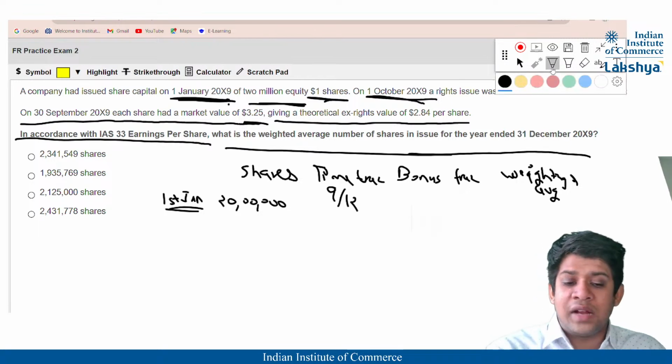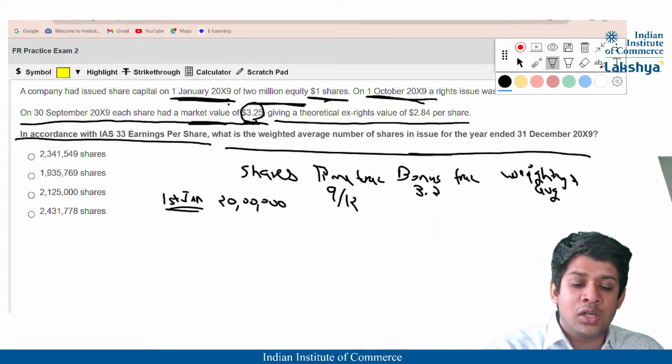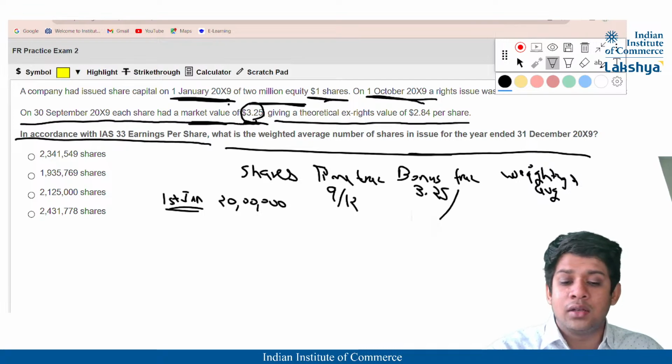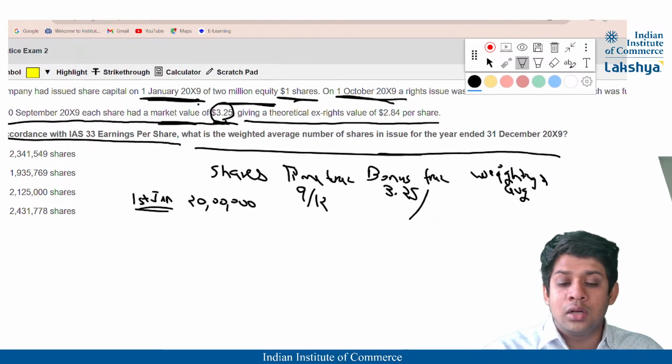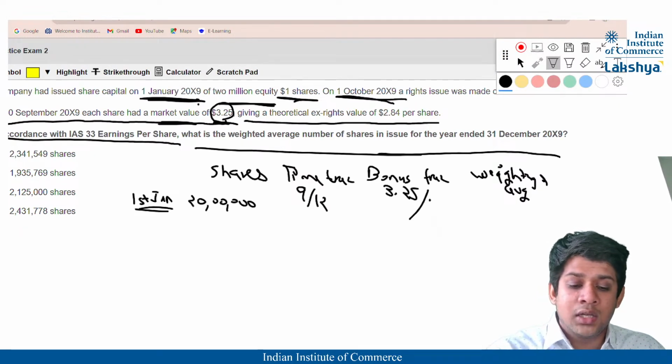Yes. So the bonus fraction, you can see here just before the rights issue, the market value of the shares was $3.25. So I'll take $3.25 divided by the theoretical ex-rights price, that is 2.84, right?